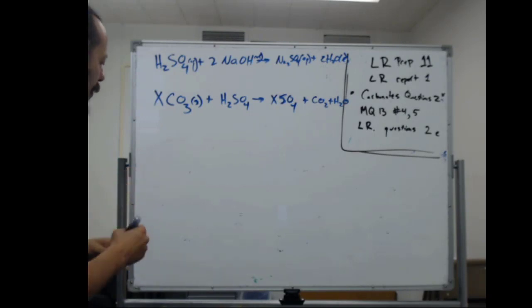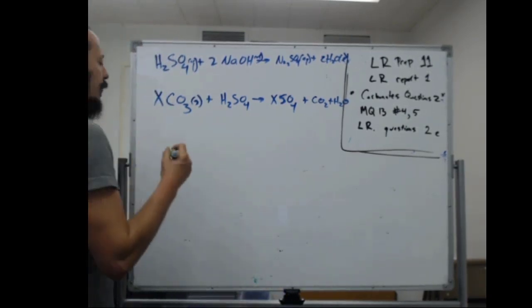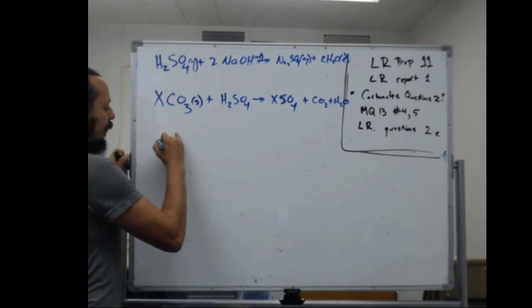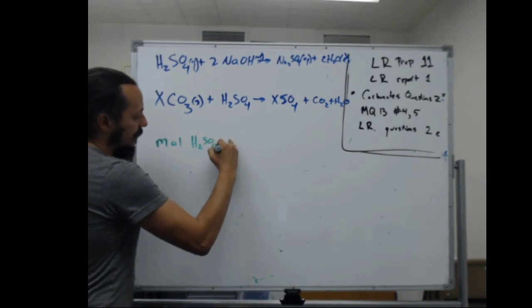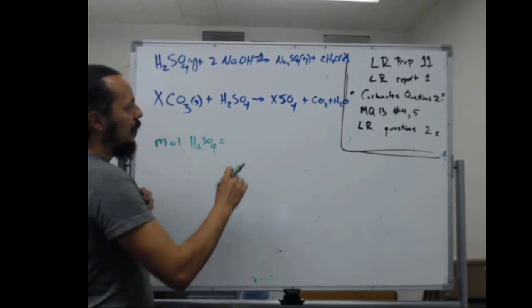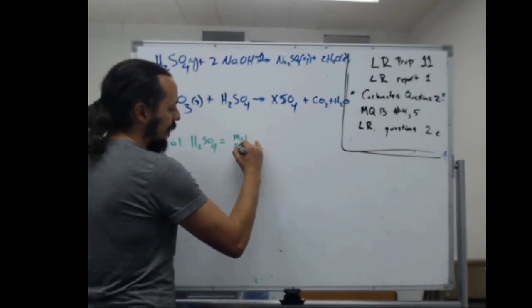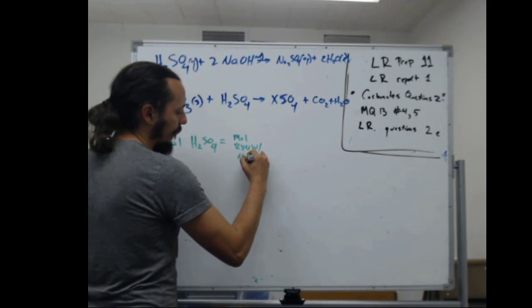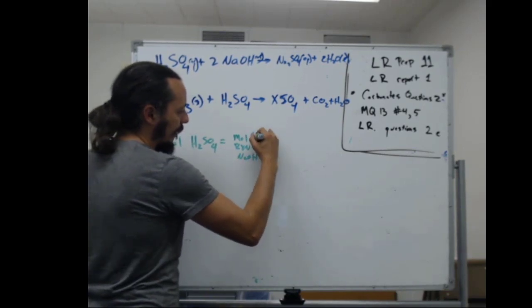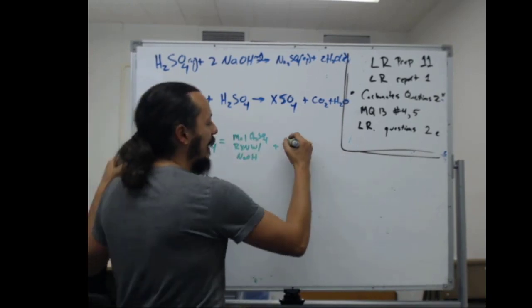The most important thinking here is the fact that we've got sulfuric acid reacting twice. So my moles of sulfuric acid is going to be equal to the moles reacting with sodium hydroxide plus the moles reacting with the carbonate.